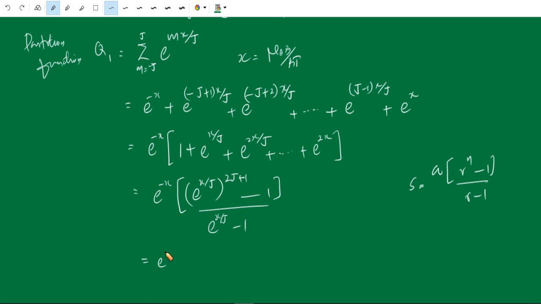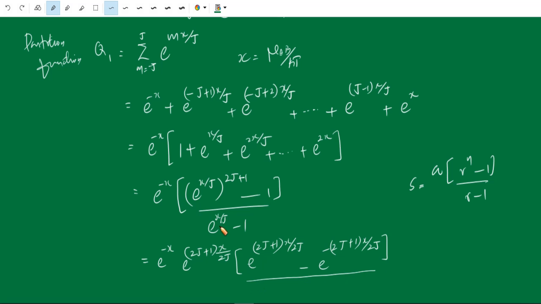So therefore we can write e raised to minus x, e raised to (2j plus 1) x divided by 2j, into e raised to (2j plus 1) x divided by 2j minus e raised to minus (2j plus 1) x divided by 2j.